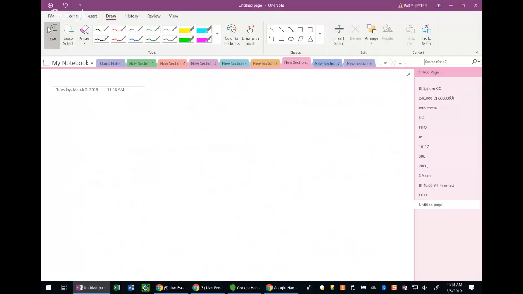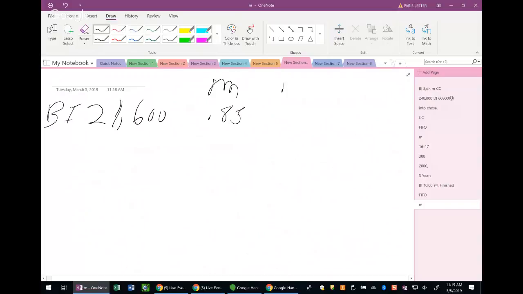They had how many units of beginning inventory? 21,600. And they were how much complete? 85 as to material, 60 to direct labor, and 45 to overhead.